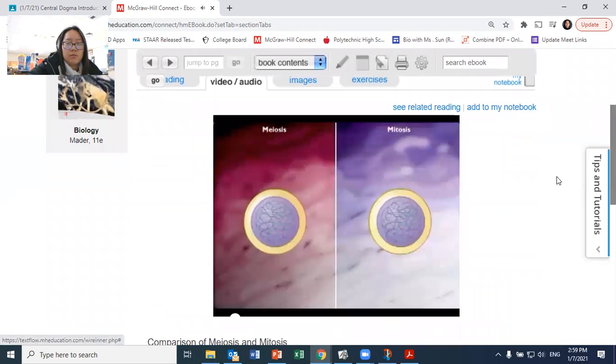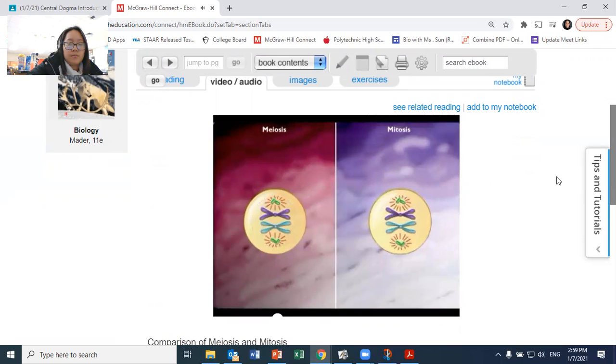Prior to meiosis or mitosis, DNA replication occurs. In both meiosis and mitosis, the nuclear membrane breaks down as the DNA organizes into chromosomes. In meiosis, chromosome pairs come together, or synapse, and crossing over occurs, resulting in mixing of the genetic information between the chromosome pairs.